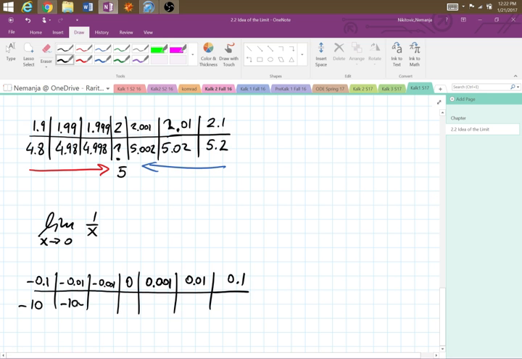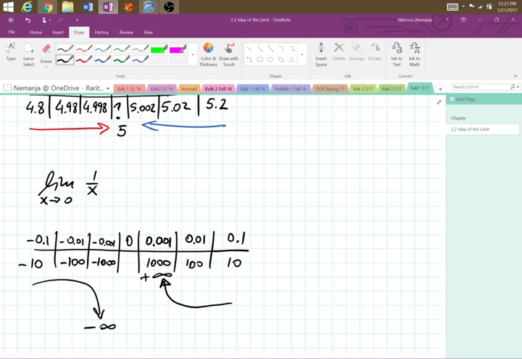Do we see how these go down to negative infinity and these go up to positive infinity? They will not agree. As you're getting closer to 0, the value grows either to negative or positive infinity, depending from which side you're approaching.